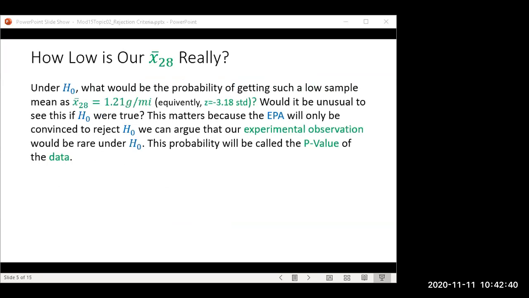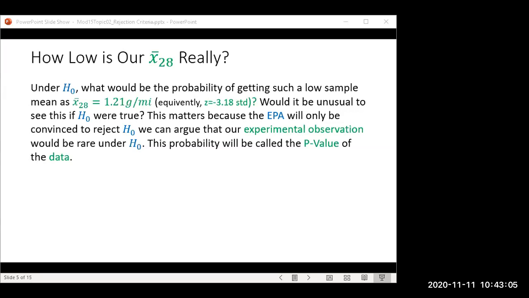So, what would be the probability of getting such a low sample mean, the 1.21 grams per mile, or equivalently the negative 3.18 standard deviations, same thing? What would be the probability of getting that if the null hypothesis were true? Have we seen something really that unusual?